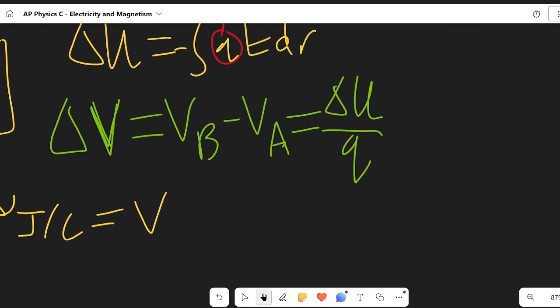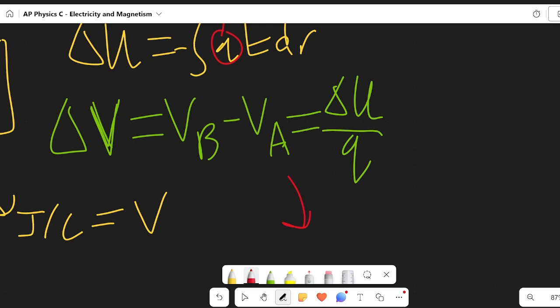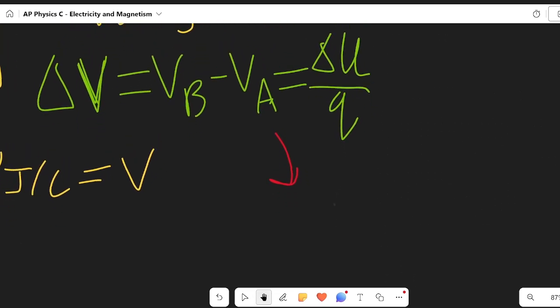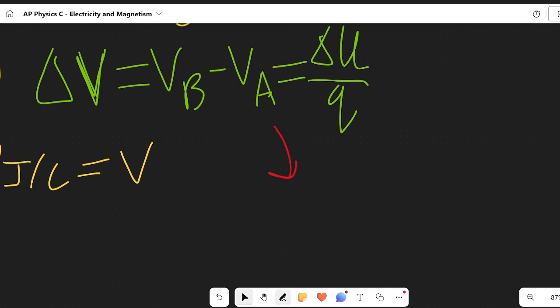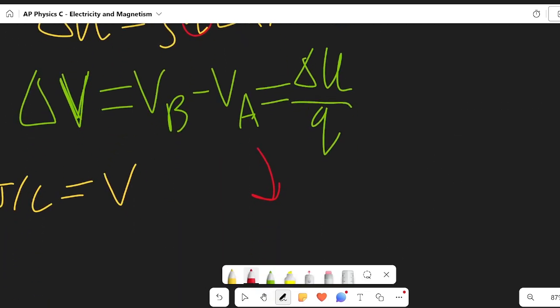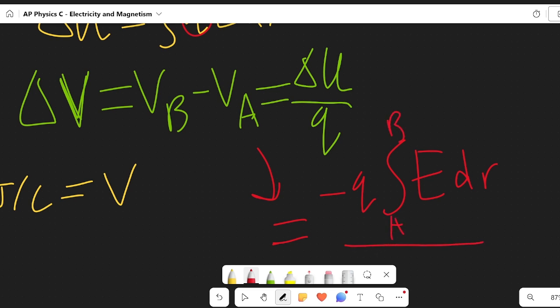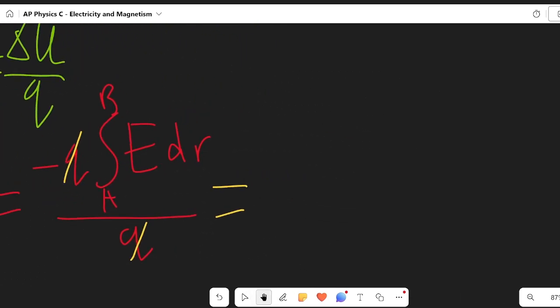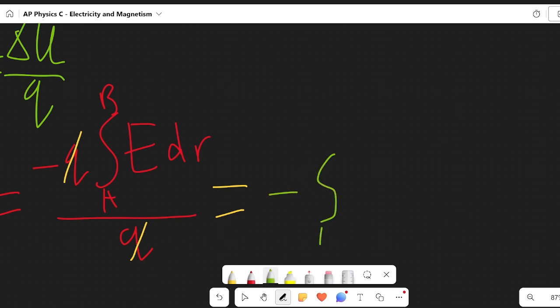We can actually do a further derivation with this. We already know delta U, we can take this yellow equation from up here, and we know that delta U equals negative Q of E dr. In this case, because we're going from point A to B, we will have a definite integral from A to B, divided by Q. Now we can just cancel these Q's out, and now we have a relationship between potential and electric field.